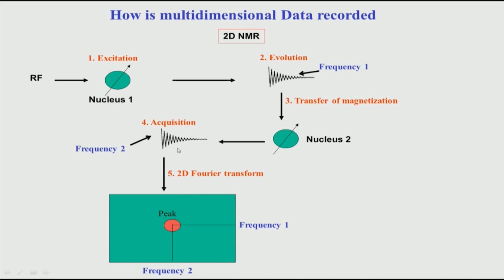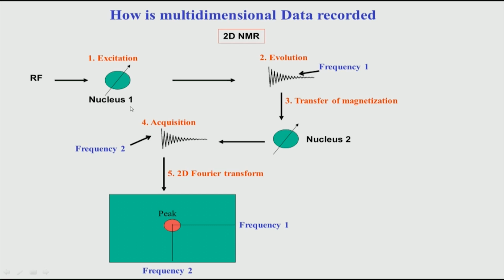Now, in 1D NMR, if you recollect, we had one time domain which was converted to one frequency domain. In 2D NMR we have another time domain plotted along the y axis, and that has a frequency also, because every FID is basically an oscillation, which is again a frequency component, and that frequency is along this axis.